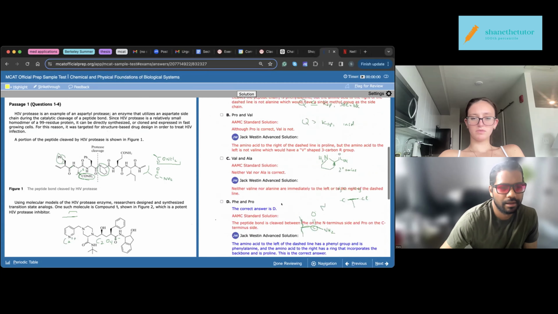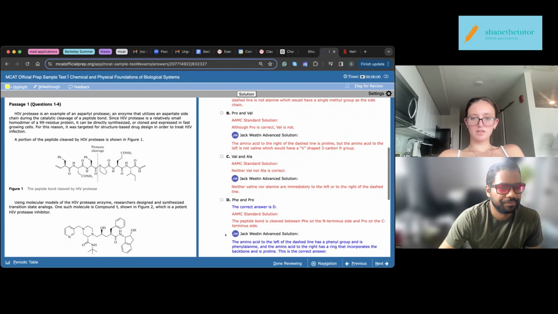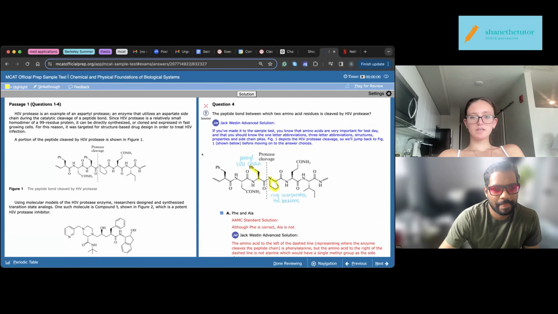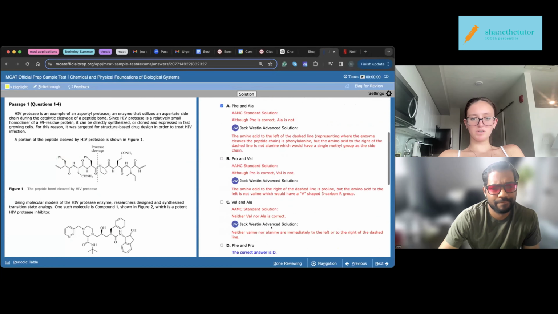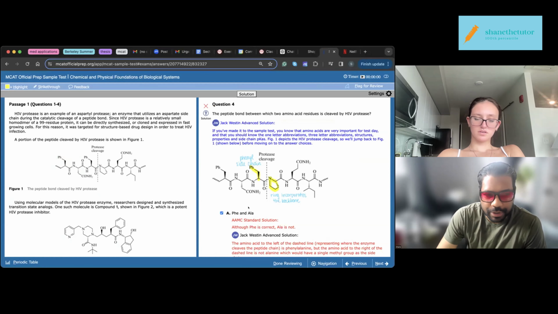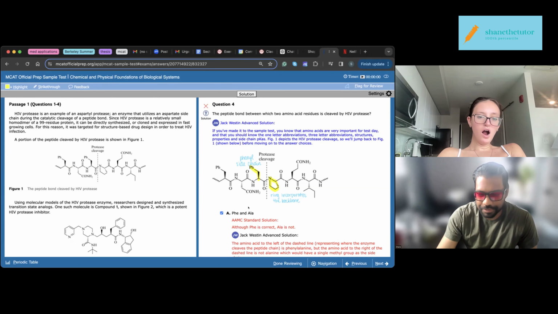Looking at this problem, it's phenylalanine and proline, but do you see how it gave the Ph? Would it do that for the other ones, like valine and alanine, if they were there? No, unfortunately. They do the Ph just because it saves time in drawing the entire benzene group.